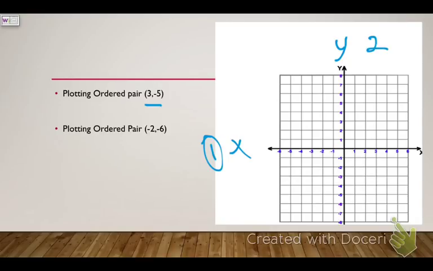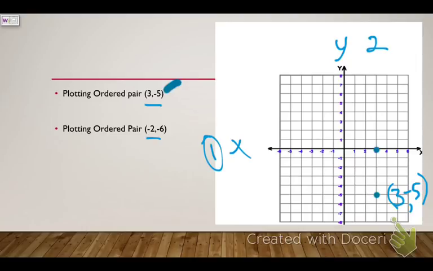So you're going to come over to the positive 3, but you notice this says negative 5. So we're going to go down, and that is where ordered pair 3, negative 5 is located. 3, negative 5. Don't forget, you got to put a comma in there as well.